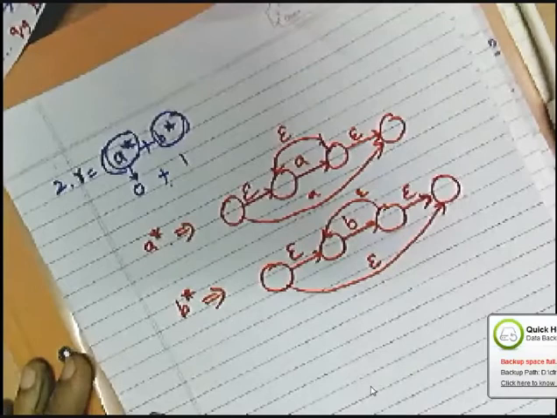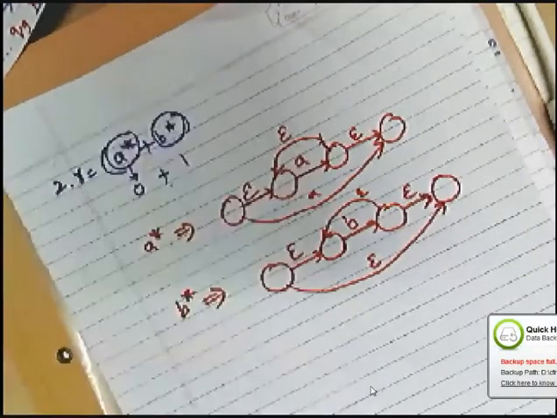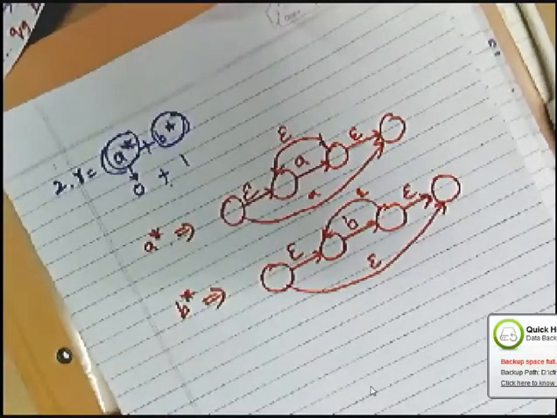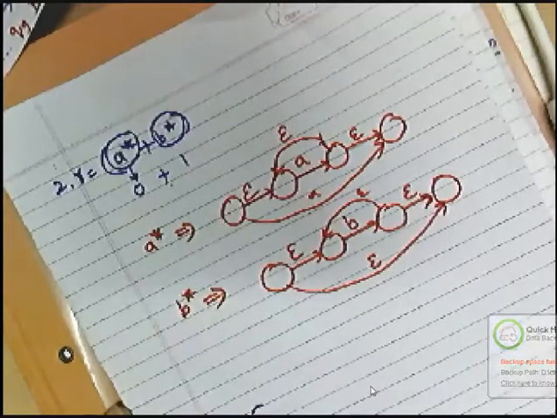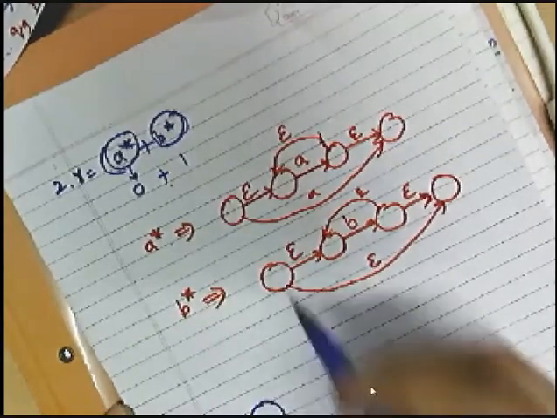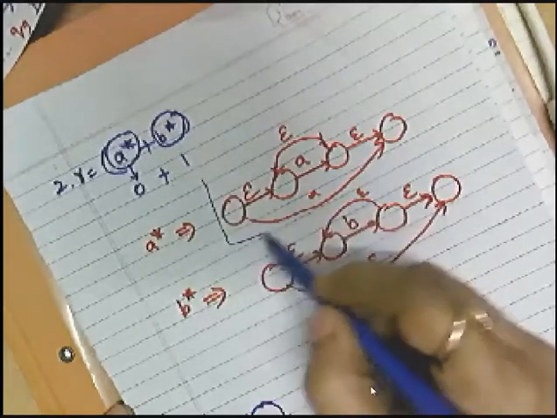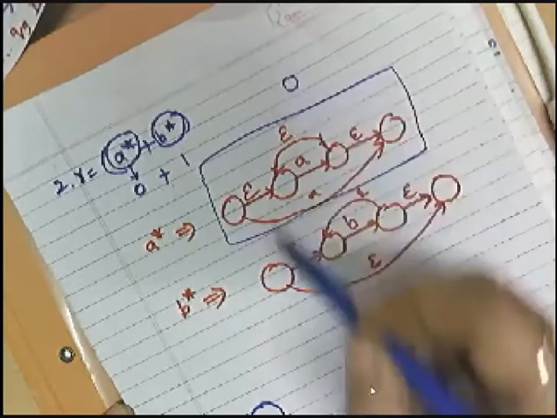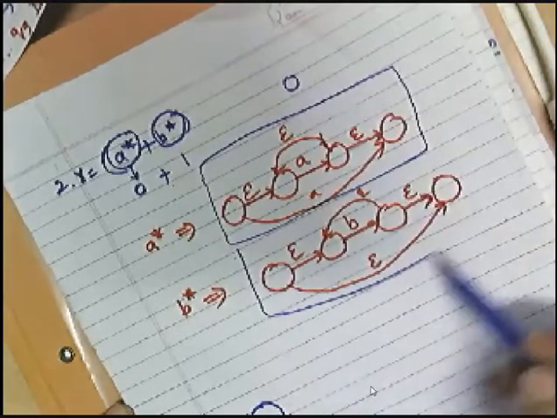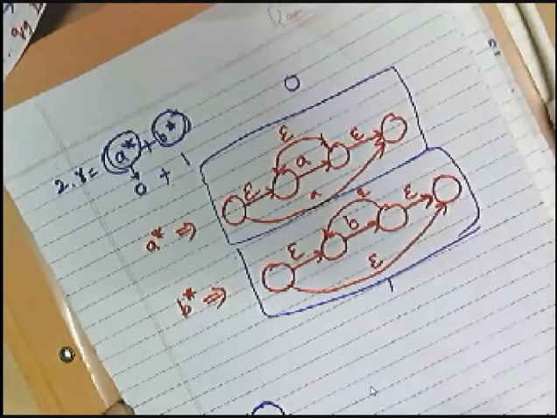Now I want this to be an alternation path, right? When there is an alternation path, how do we do it? We have the very first state, this. Now this particular thing is acting as my 0, and this particular thing is acting as my 1. Right?